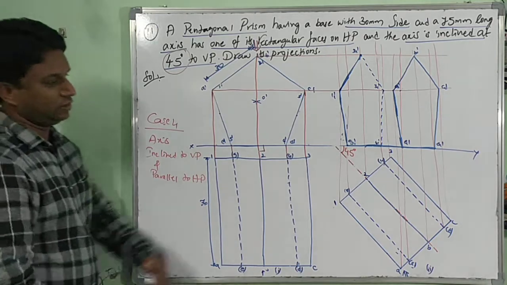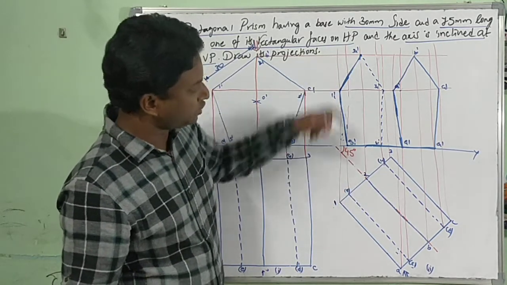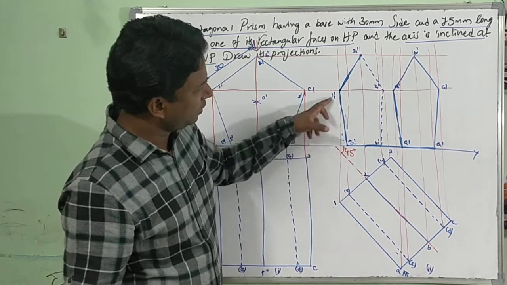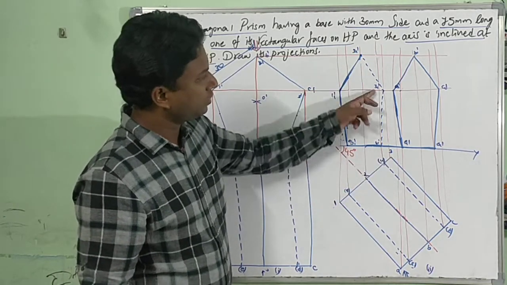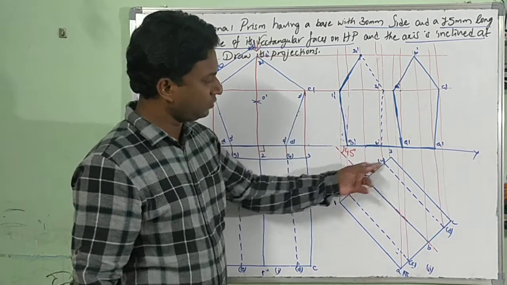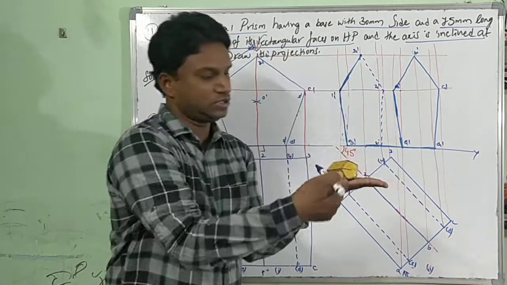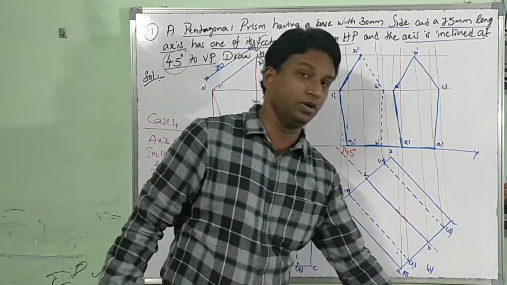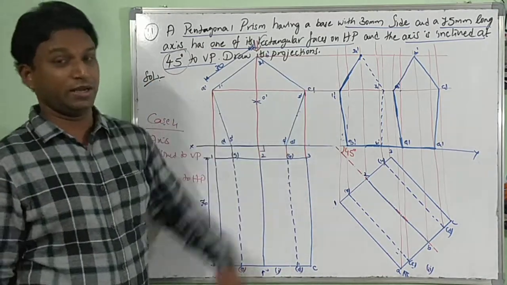With respect to center, 1, 2 thick, 1 dash 2 dash; 1, 5 thick, 1 dash 5 dash. Remaining 2, 3 hidden, 3, 4 hidden, 4, 5 its bottom which is on XY, it's clearly visible.